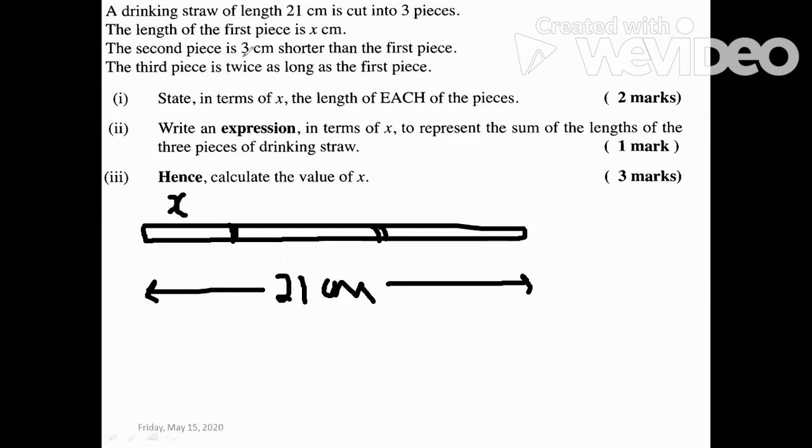The second piece is 3 centimeters shorter. So that's x subtract 3. It has to be subtract. And the third piece is twice as long as the first piece. The first piece is x, so the third piece is twice, and twice means 2 times x.